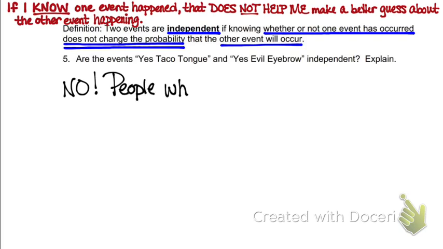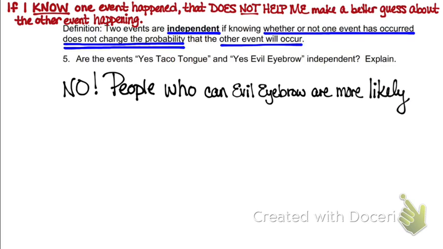People who can evil eyebrow are more likely to be able to taco tongue also.